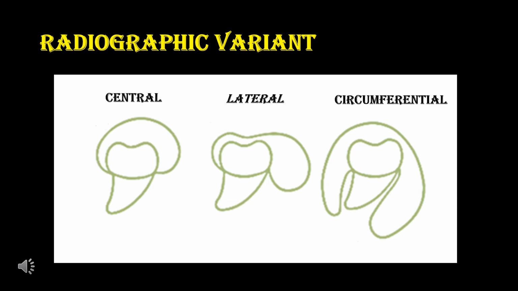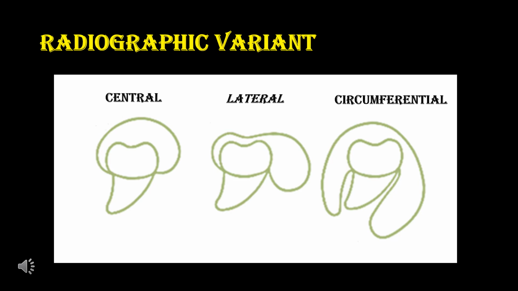Next, we will see the radiographic variants of a dentigerous cyst. Radiographically, the dentigerous cyst has three variants: a central variant, a lateral variant, and a circumferential variant. When the crown is enveloped symmetrically, we call it a central variant of a dentigerous cyst.